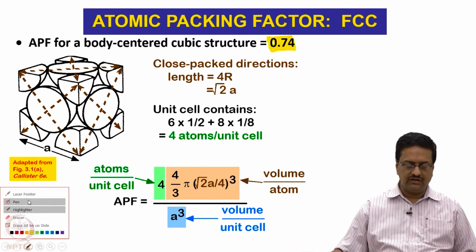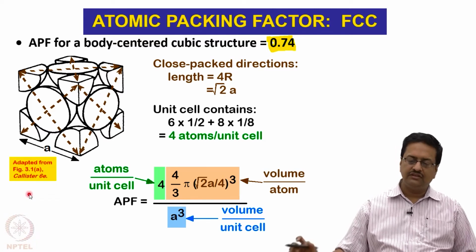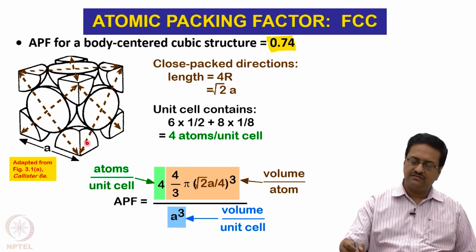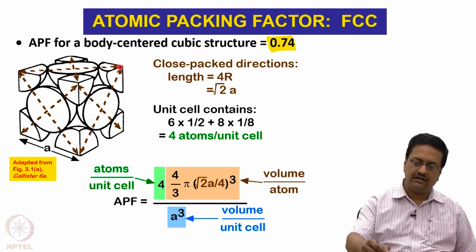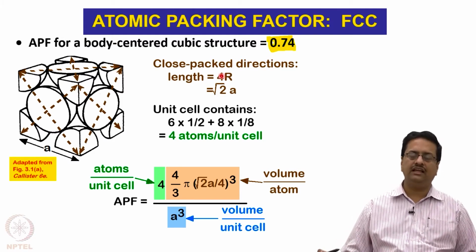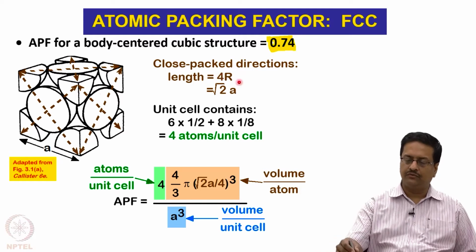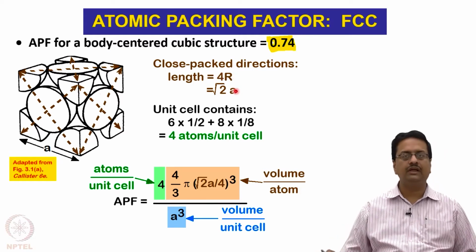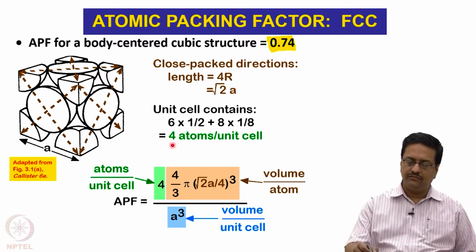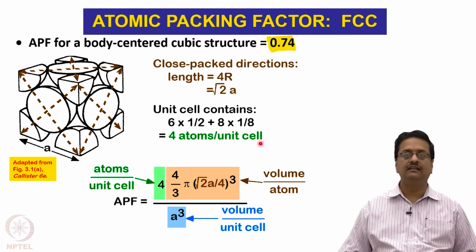So how do you calculate that? You see again the face diagonal, which is √2a, corresponds to R, 2R and R, which means the length of the face diagonal turns out to be 4R, which is equivalent to √2a. And then the unit cell contains 4 atoms per unit cell.